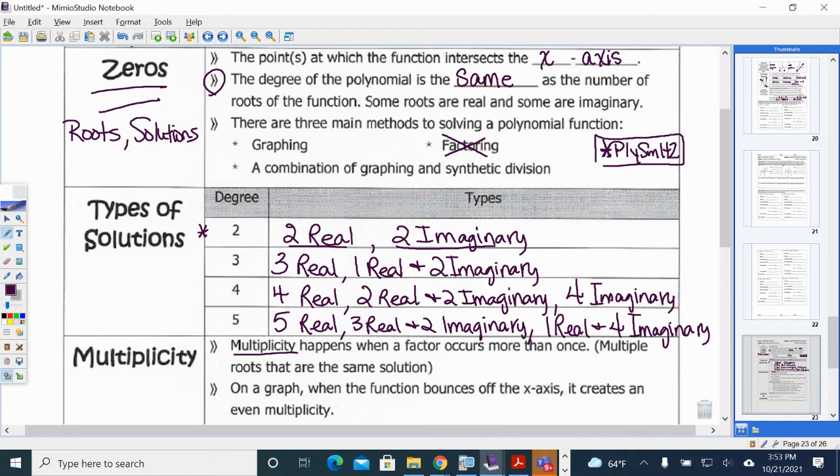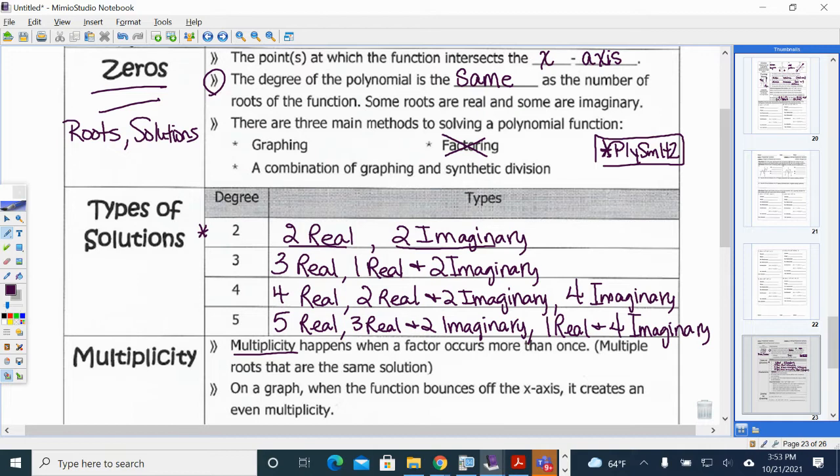But again, you cannot have 2 real and 1 imaginary because the imaginary solutions come in groups of 2. With a quartic polynomial function, a degree of 4, there's 3 different things that can happen. They can all 4 be real solutions. You might have 2 real and 2 imaginary, or you can have 4 imaginary.